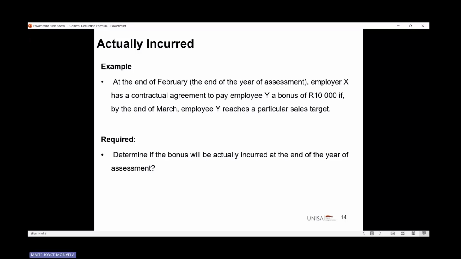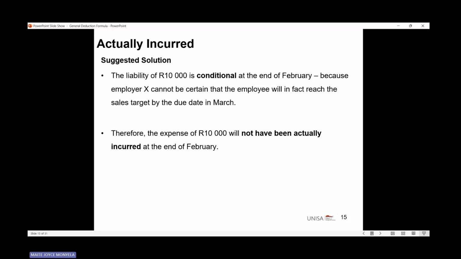Yes, thank you for that. Let's go to the liability of 10,000 rand, which has a condition. It is conditional at the end of the year of assessment, February, because the employer cannot be certain that the employee will in fact reach the sales target.